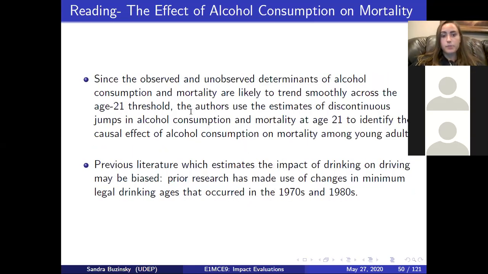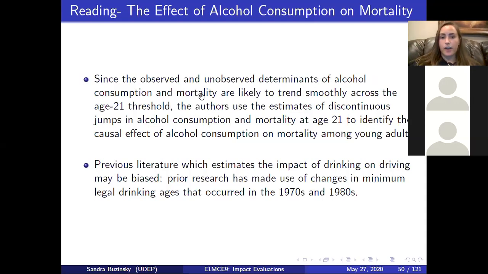So since the observed and unobserved determinants of alcohol consumption and mortality are likely to trend smoothly across the age 21 threshold, the authors use these estimates of basically just the discontinuous jump in alcohol consumption and mortality to identify the effect of alcohol consumption on mortality, specifically for these young adults.